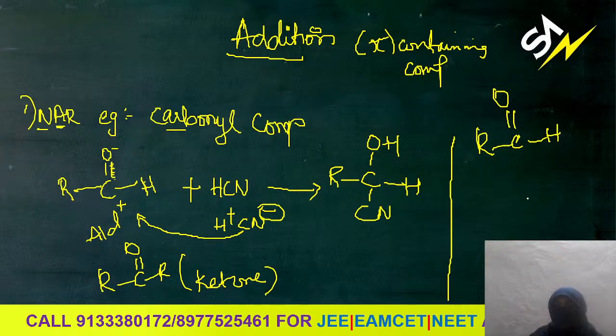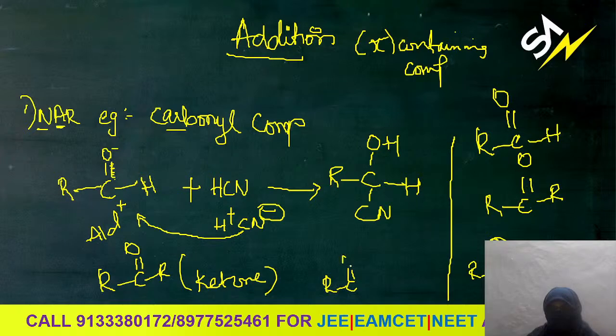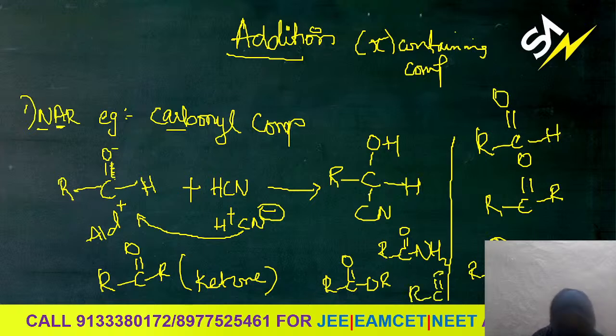This is aldehyde, C double bond O, R on both sides is ketone, R C double bond O, OH is carboxylic acid. If H is replaced by R, it's known as ester. And RCONH2 is known as amide.